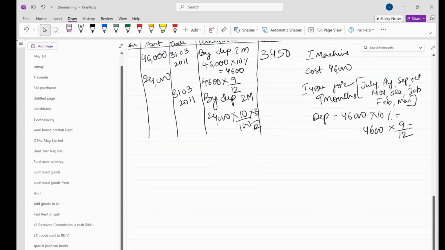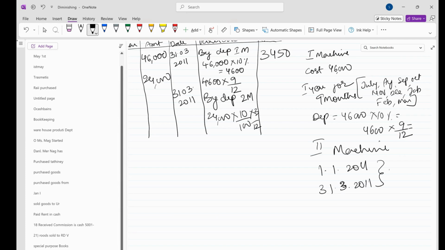Now you write here second machine. When did they purchase? On 1st January 2011. When we close it on 31st March 2011, we used it for 3 months. Now cost of the machine is 24,000. Depreciation is equal to 24,000 into 10%, means 2,400. This is for 1 year, but we used only for 3 months.